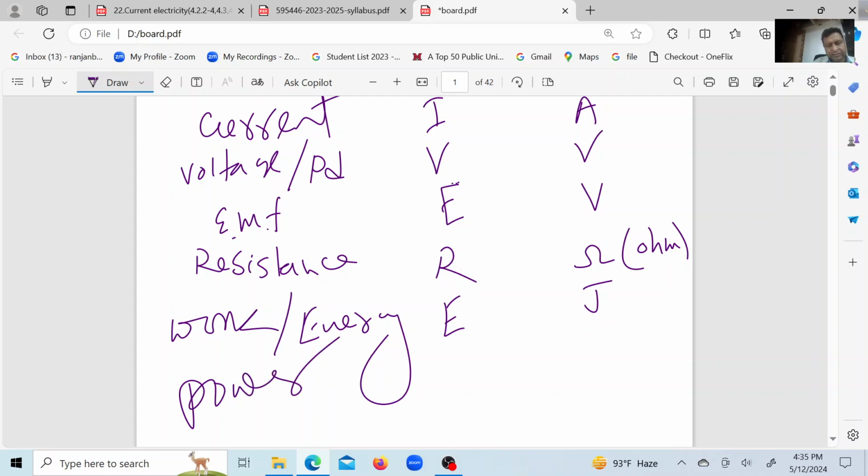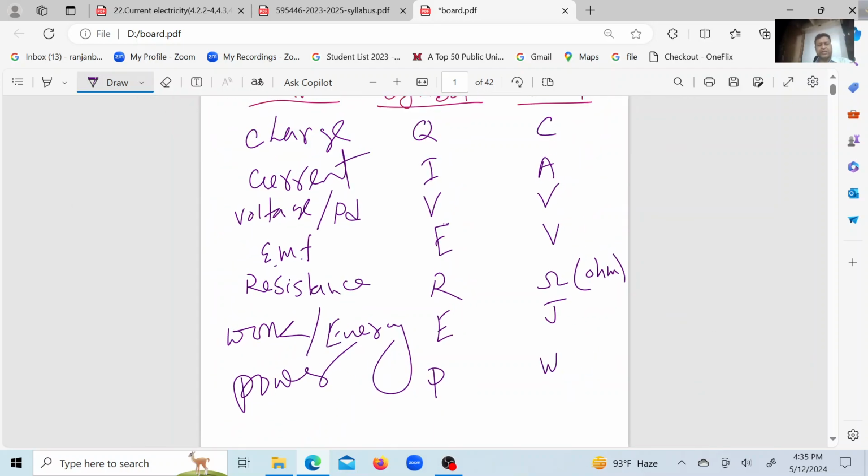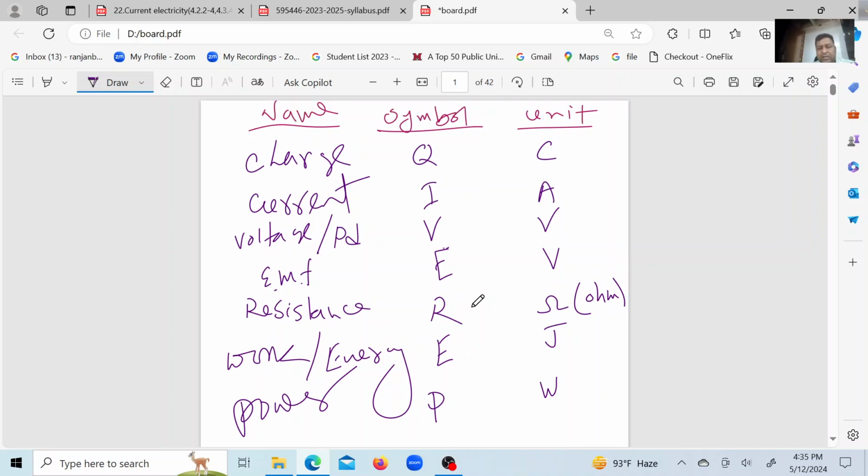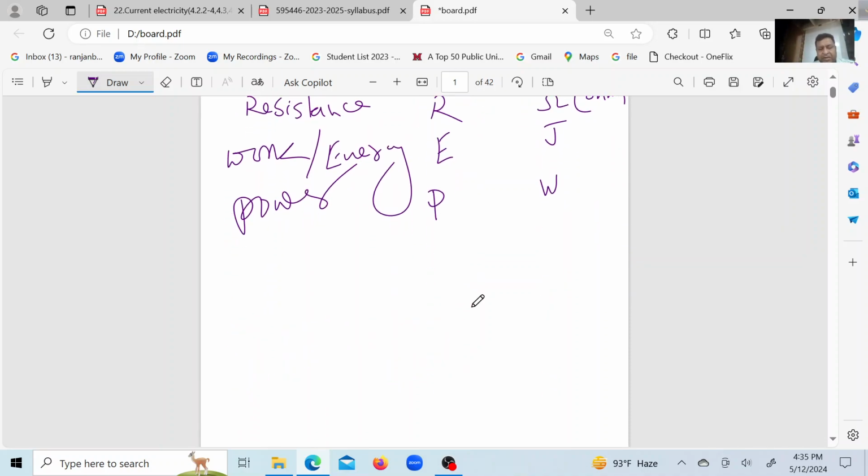Power, P, the unit is watt. So these are the main quantities which are generally used in this topic.